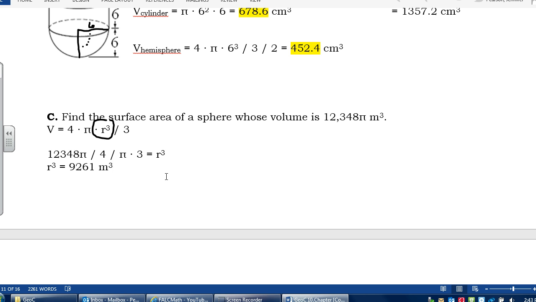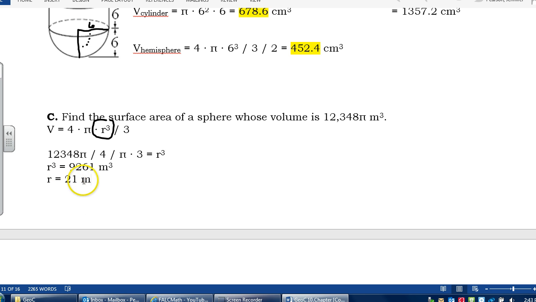So I need to undo a cube, and I do that with a cube root. So the cube root of 9,261 is 21. The radius is 21 meters.